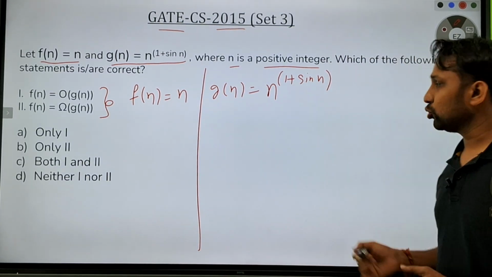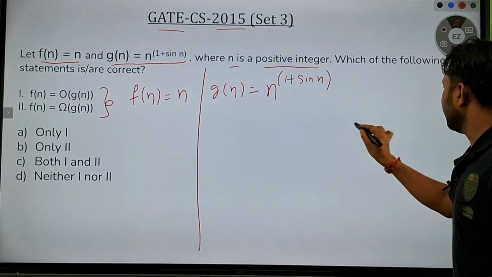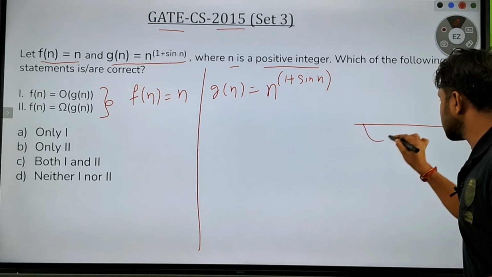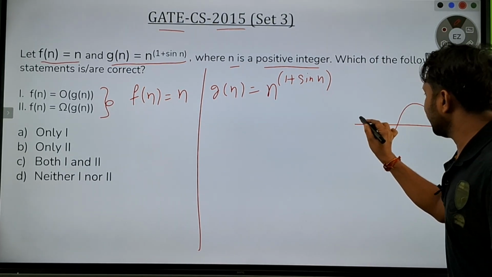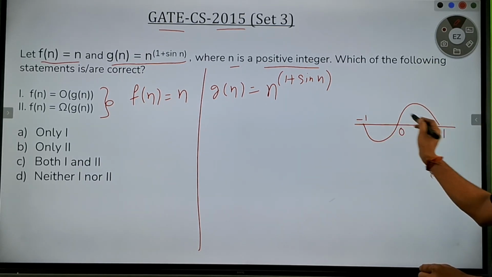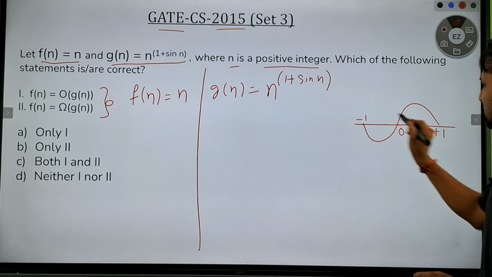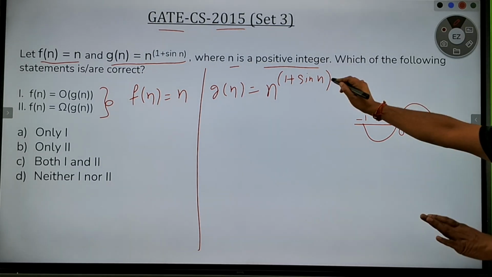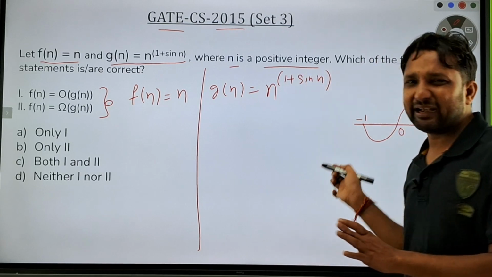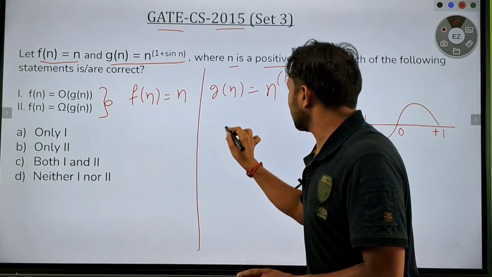The sin n value varies from -1 to +1. This is the graph of sine, and the value goes from -1, then 0, then +1. We can put these different values over here and simplify this function a little bit.